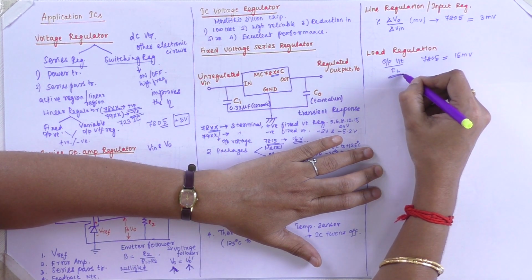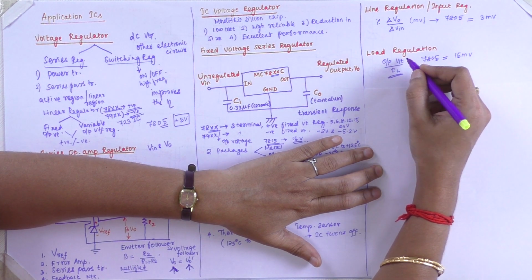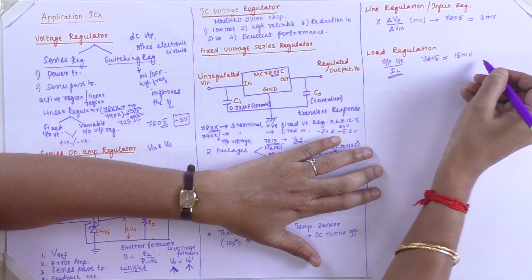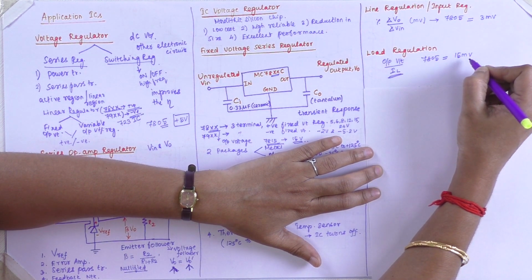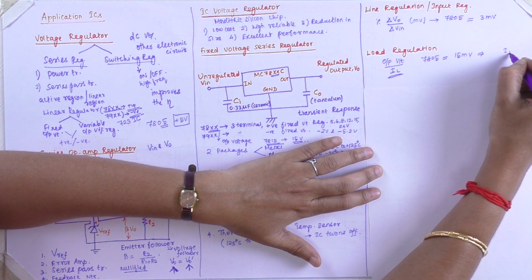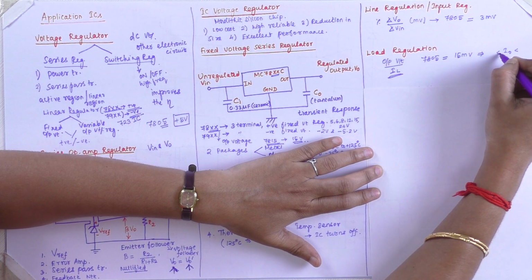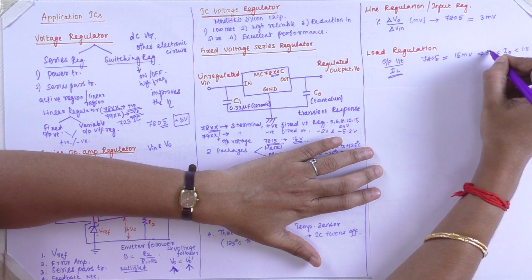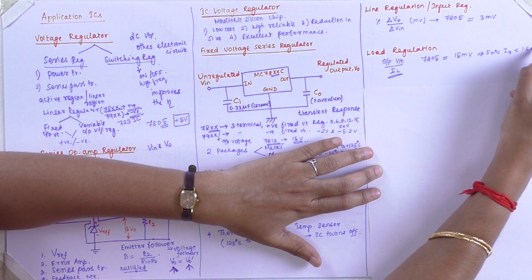Here we have the current ratings too, because of the output voltage and the load current. The output current I naught varies from 5 milliamps to 1.5 amps.